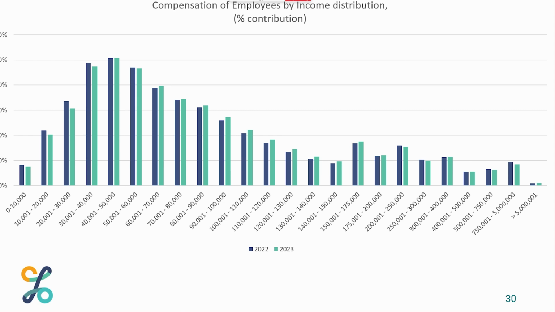And as you move up the income brackets, 2023 has a higher percentage contribution to total COE. So it tells us that wages are increasing, but it can also be the case that individuals are shifting from lower income brackets to higher income brackets.